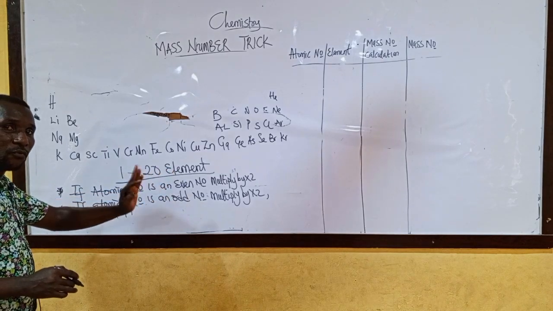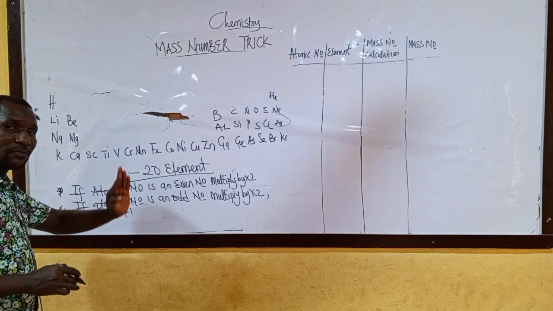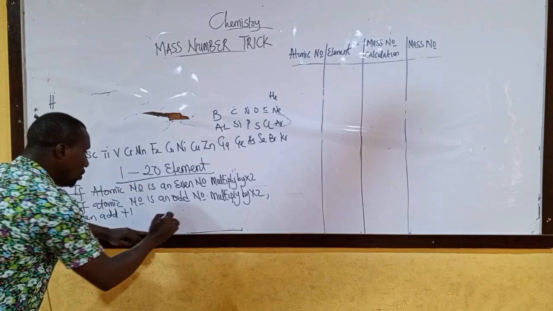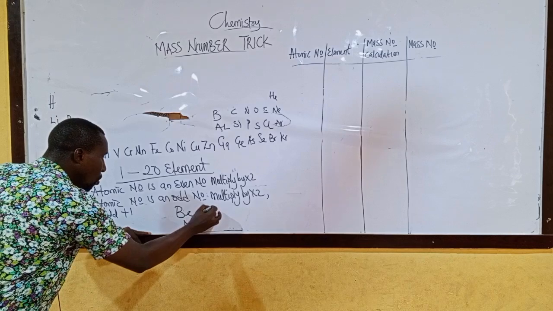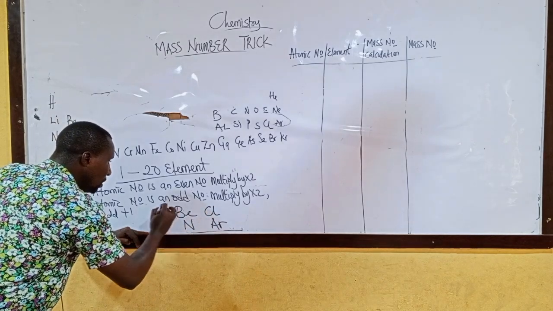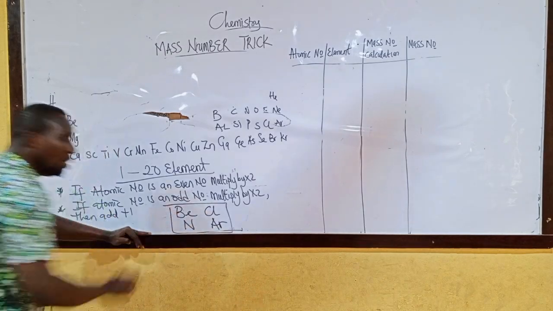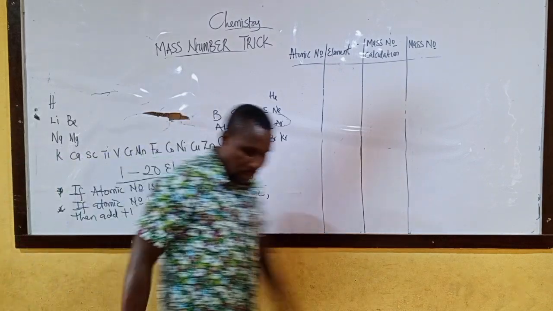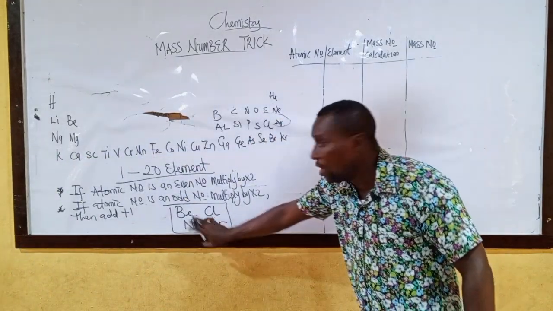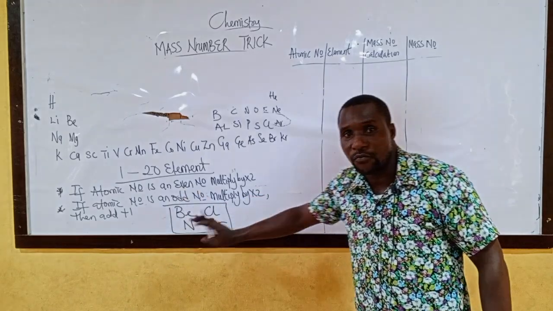Those elements are beryllium, nitrogen, chlorine, argon. They are special elements. The rule does not work for them, and none of this rule works for them.